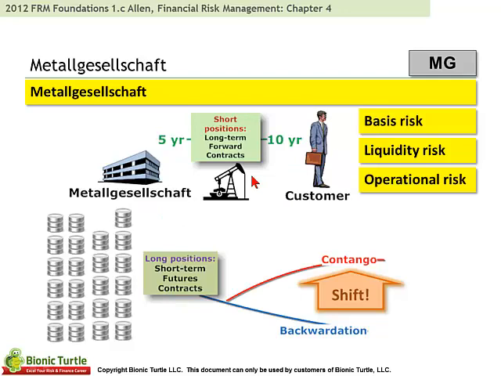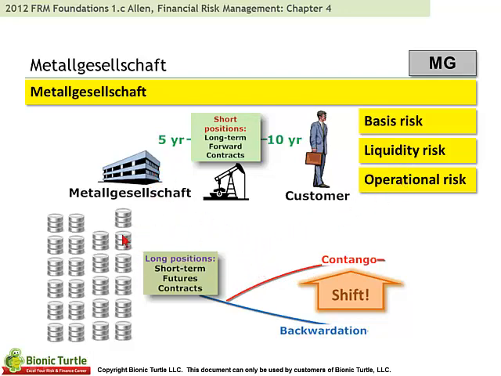So the underlying exposure was a short position in long-term forward contracts, or obligations to customers, hedged with futures contracts, where the oil curve shifted from its historical backwardation into contango. In backwardation, a stack and roll is profitable on the roll return, as the forward price chases up to the spot, and suddenly that roll yield becomes a money loser in the shift to contango. So a good example of basis risk, liquidity risk, and operational risk.